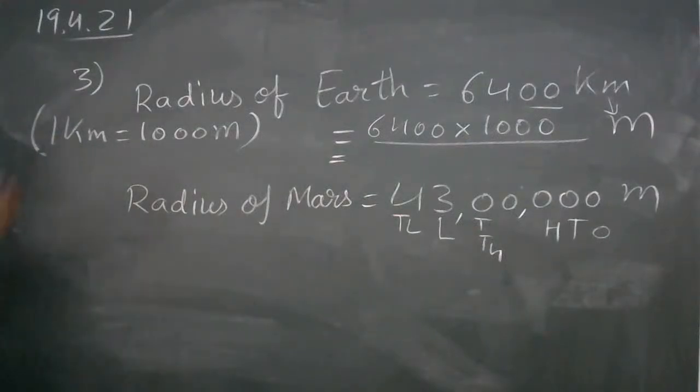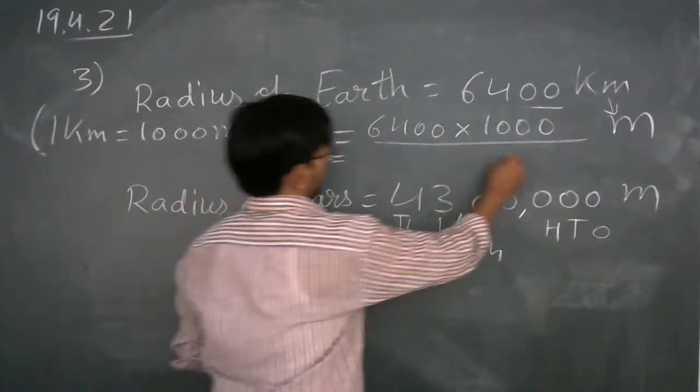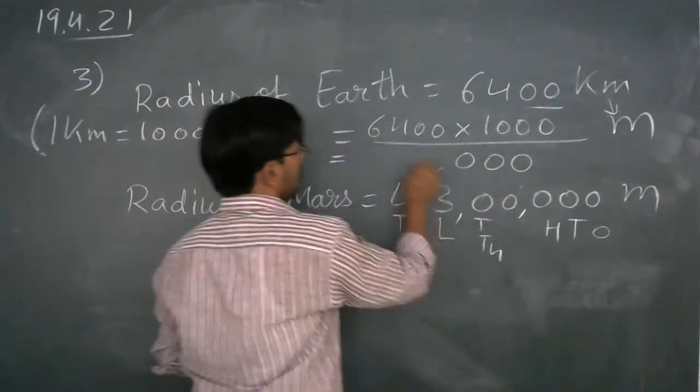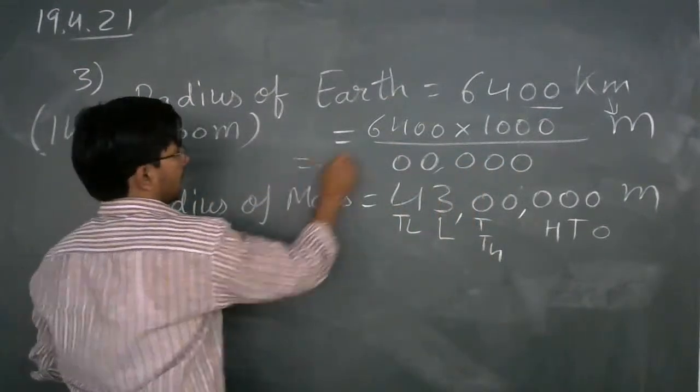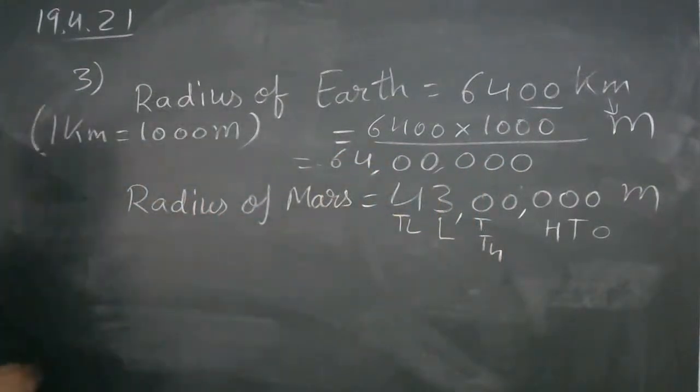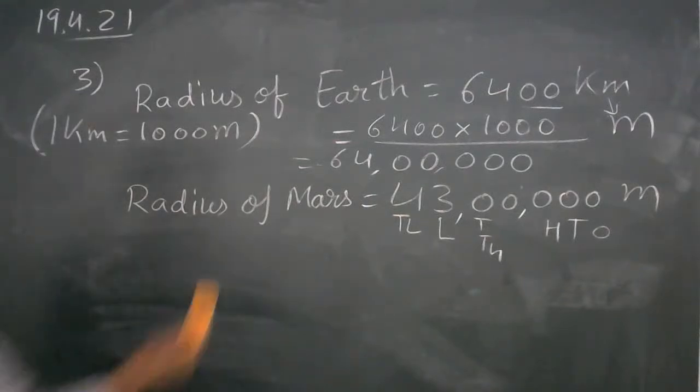So 3 and 2, how many zeros should come? 5 zeros will come. 1, 2, 3, 4, 5, then 64.